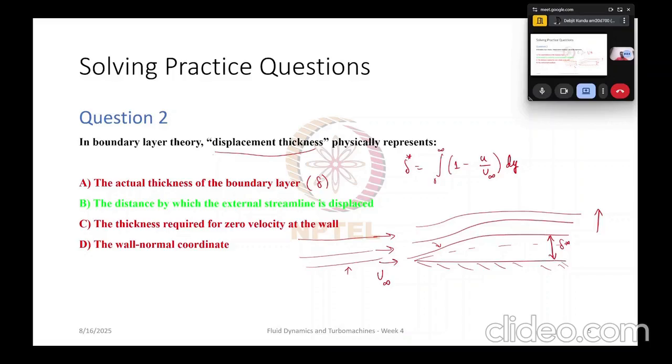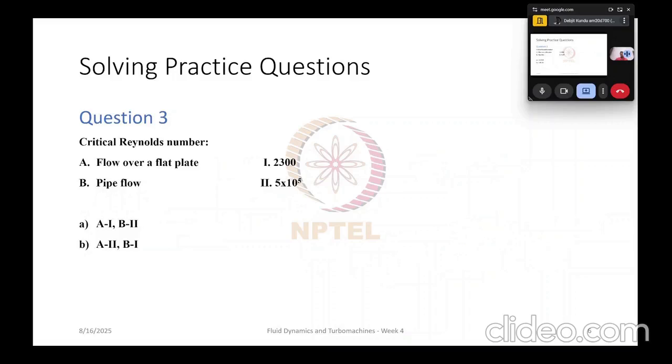Okay, so let's move along. We'll move on to question number 3 now. It's a match the following type of question. We have two options on the left hand side and two options on the right hand side, and we have to match them in a correct way.